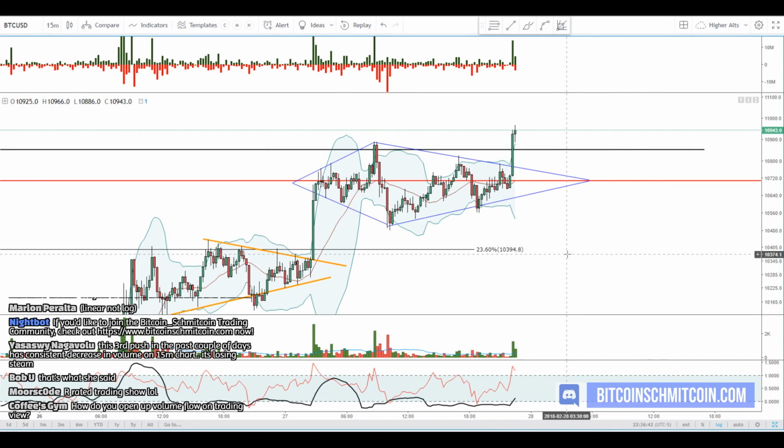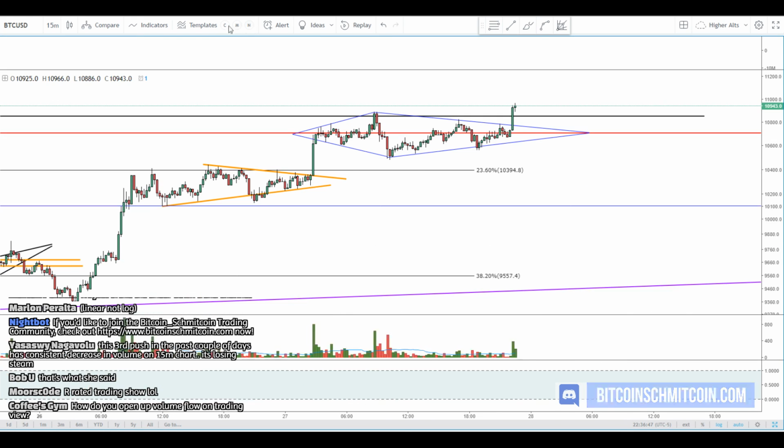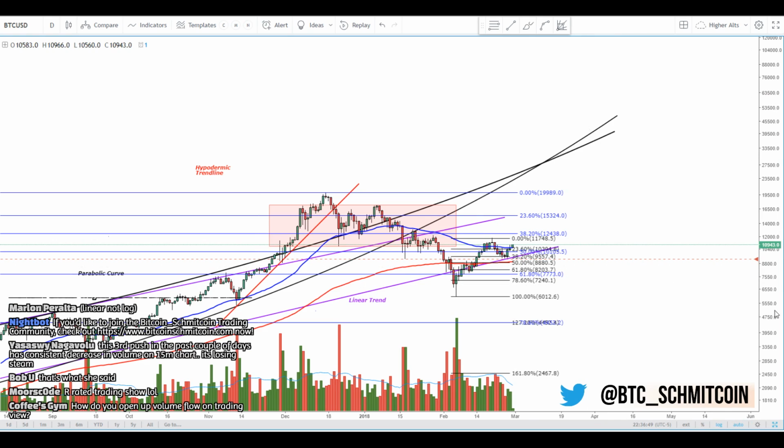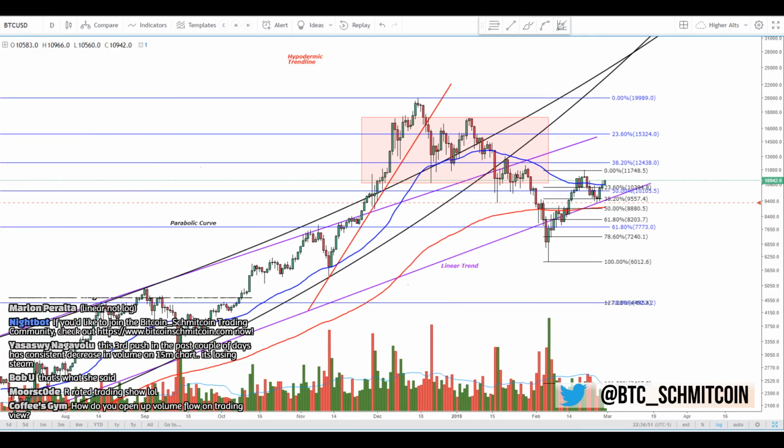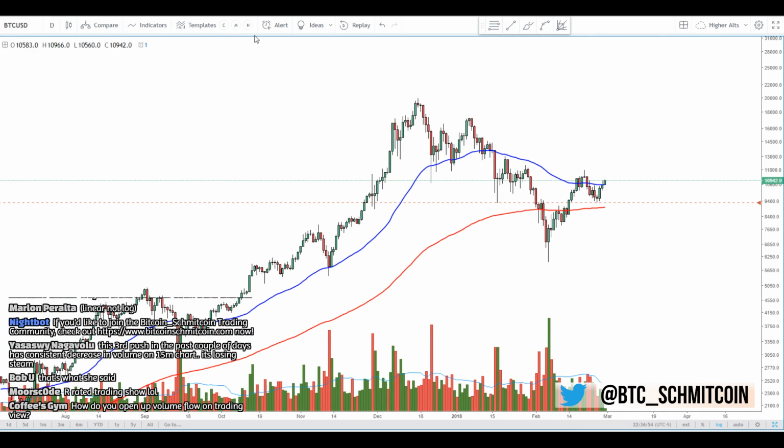Anyway, while we're waiting to see what this thing's doing, let's look at some more macro view stuff because I think it's really important for the total view of the market. If we look at the 3-day, this is where it starts to get interesting.